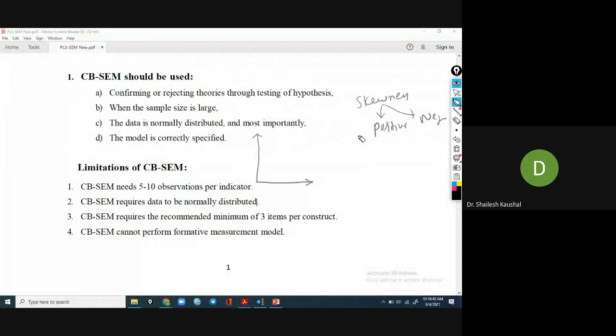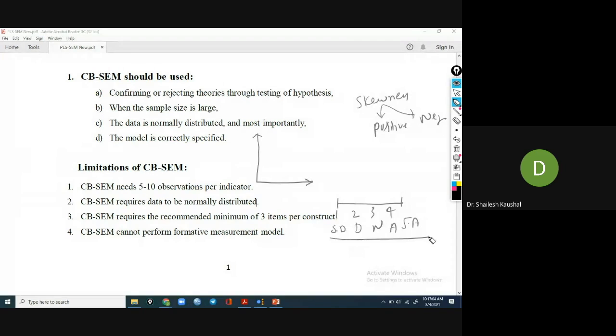Positive skewness arises, for example, when you are using a 5-point Likert scale in your model. 1 means strongly disagree, 2 means disagree, 3 means neutral, 4 means agree, and 5 means strongly agree.